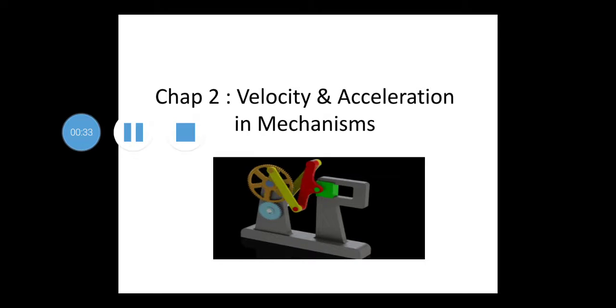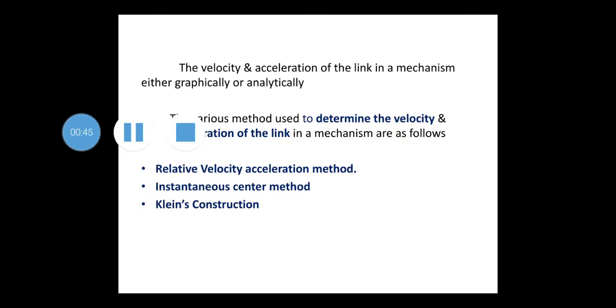In this chapter, our aim is to determine the velocity and acceleration of the link in a mechanism, either graphically or analytically. There are various methods for determining the velocity and acceleration of a link in a mechanism, which are as follows.